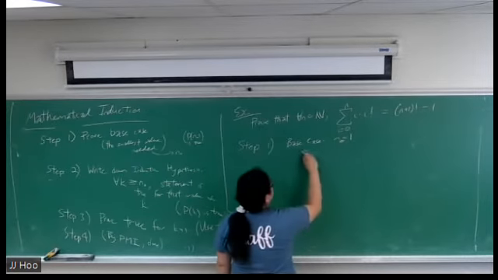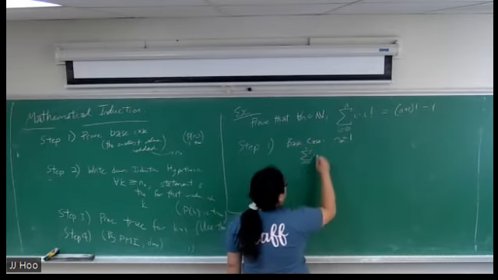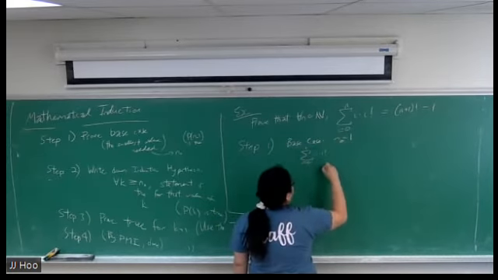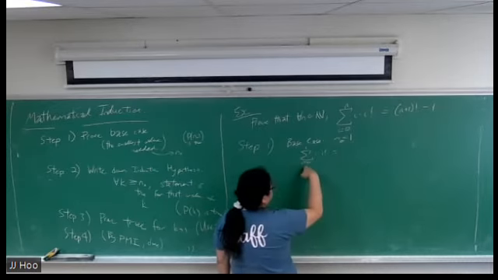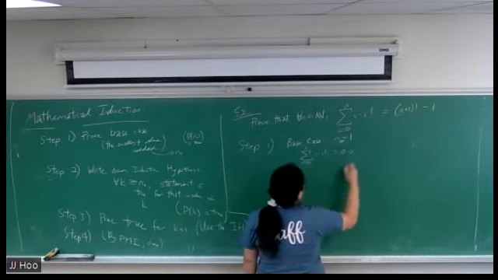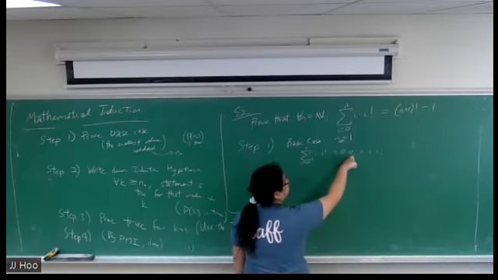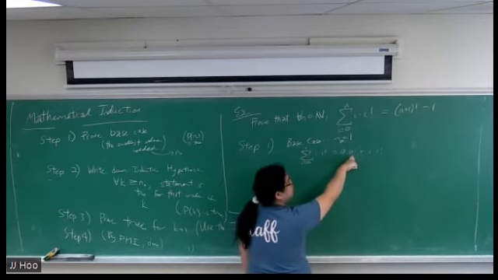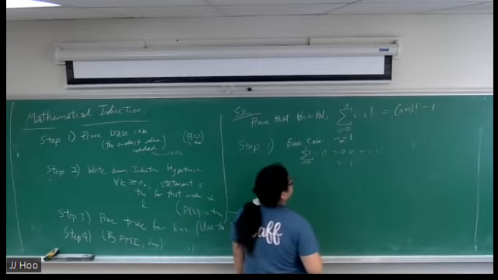This becomes the sum i equals 0 up to 1 of i times i factorial, which is equal to, let's see, 0 times 0 factorial plus 1 times 1 factorial. Well, remember 0 factorial is 1, 0 times 1 is 0, 1 times 1 is 1, so this is just 1.